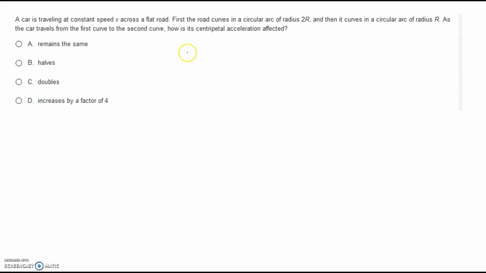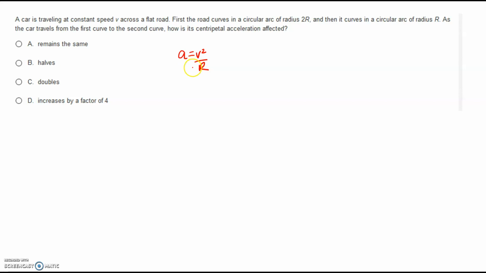So what I did here was I said, okay, so a is equal to v squared over r. It says a car is traveling at constant speed v across a flat road. The first road curves in a circular arc of radius 2r, and then curves in a circular arc of radius r. As the car travels from the first curve to the second curve, how is its centripetal acceleration affected?